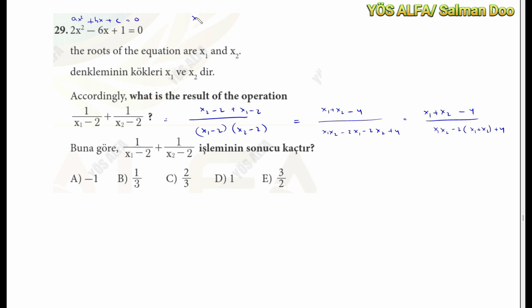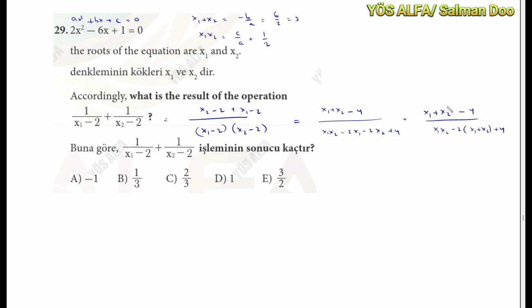Then we know that x1 plus x2 is minus b over a. So in this equation, we have 6 over 2, which is 3. In the same way, we know that x1 times x2 is c over a, so 1 over 2. So we have all the ingredients we need for the final equation over here.